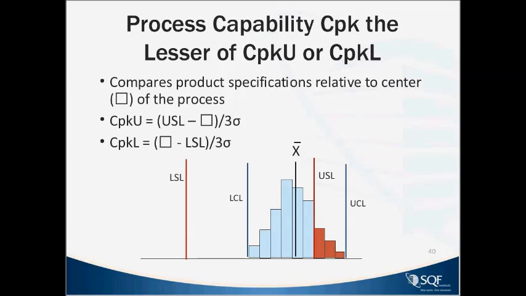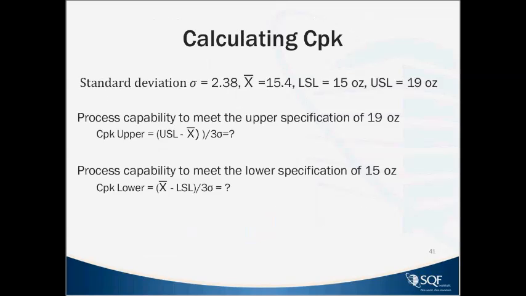So I'm going to give you some numbers from the data we're using, back to our fill rate, and give you an opportunity to try this out yourself real quick. Hopefully you have your phone with your calculator handy. The standard deviation, our sigma, of that data we collected before, that second run that Lori asked me to do, was 2.38.